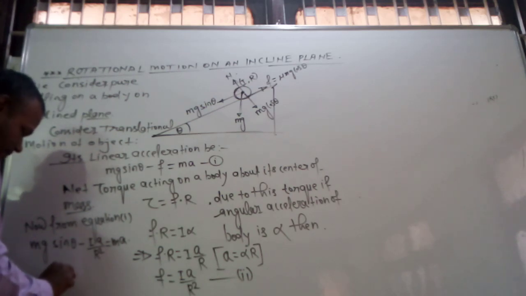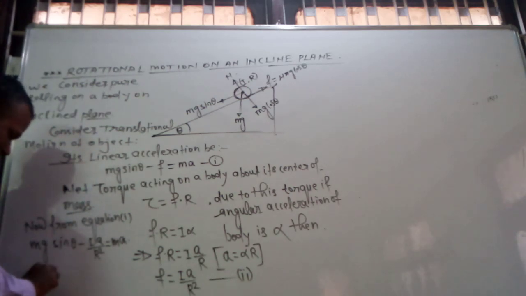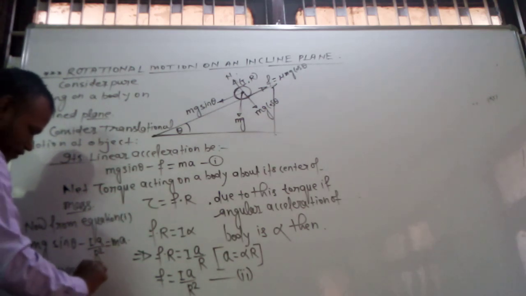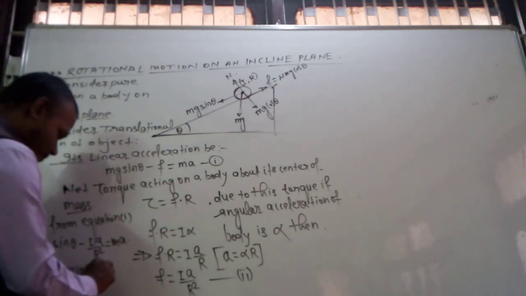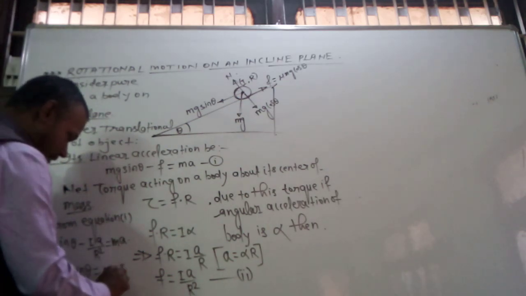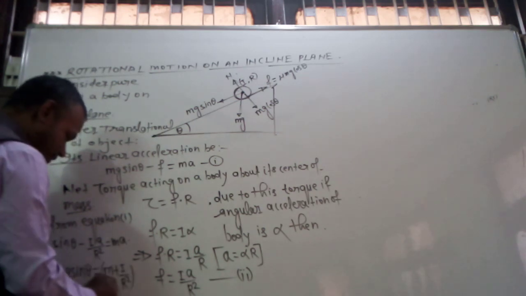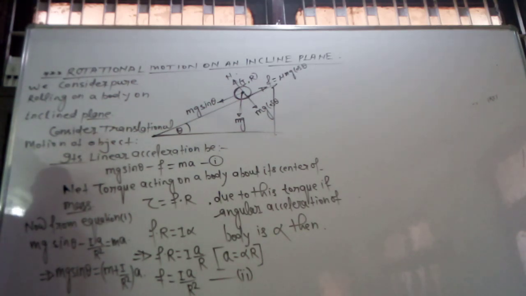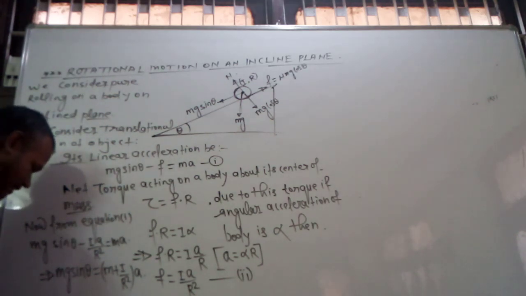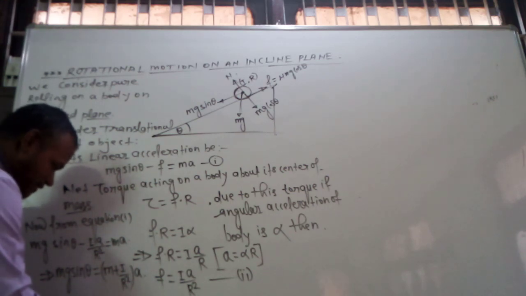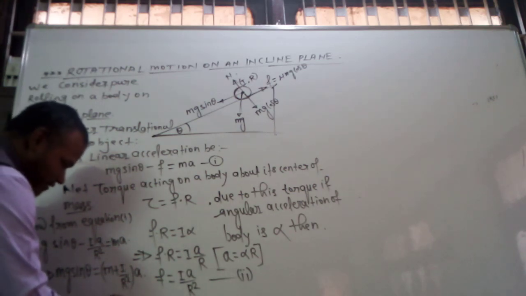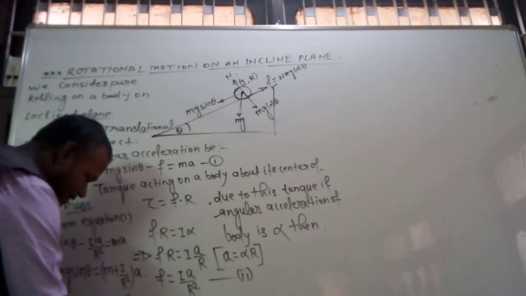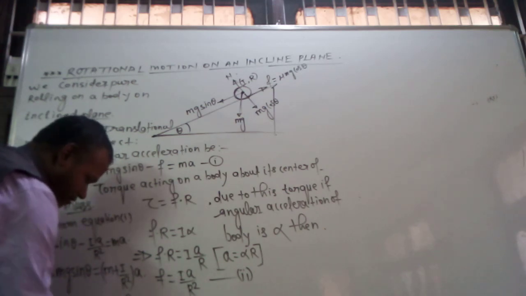This implies that mg sin theta will be equal to m plus I upon R square into A. Clear? So A, the acceleration of the body, can be written as mg sin theta upon m plus I upon R square.